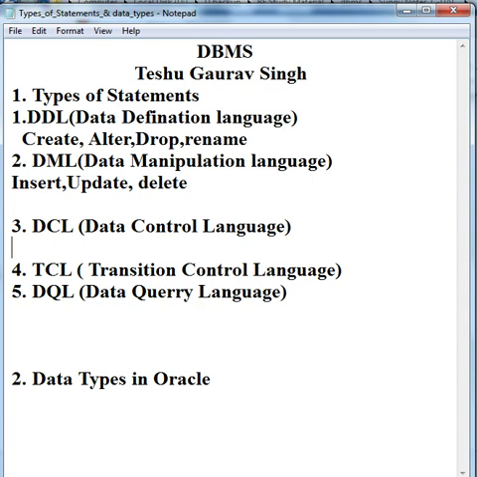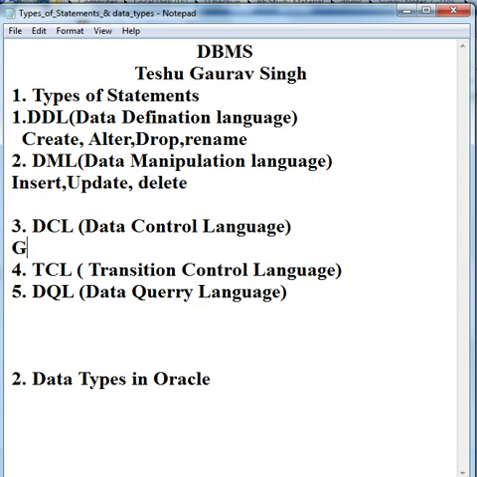IRCTC has different privileges and can control the table as per their requirement, and passengers also have access permission, but with different privileges. Not every user can access the table the way IRCTC does. So data control language is very important in a database management system.